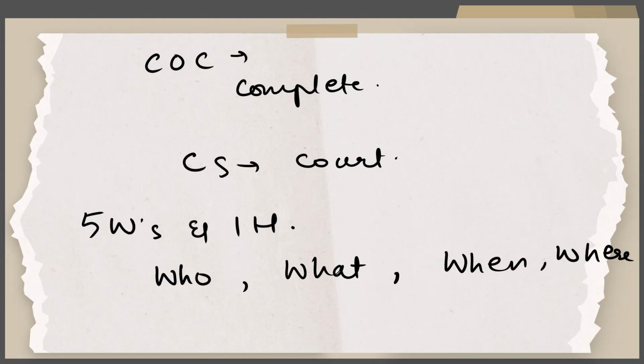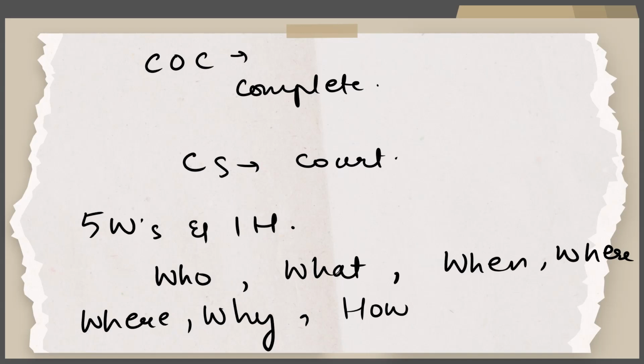It also answers where was it stored, basically down to a specific locker or a shelf or a specific room. And it also answers why was it moved, like for analysis, for court, or for storage, and also how it was sealed.